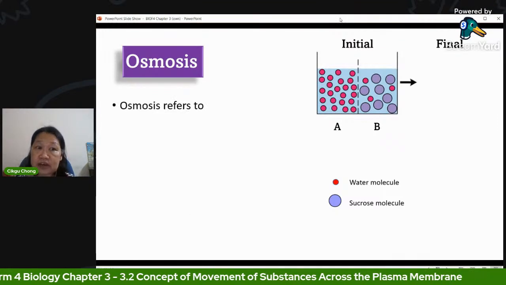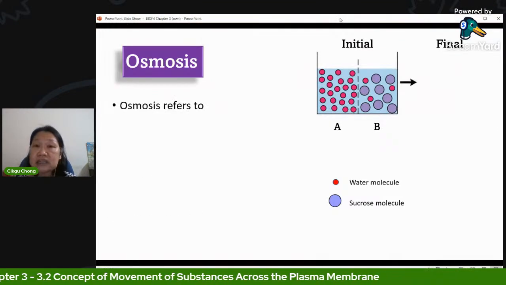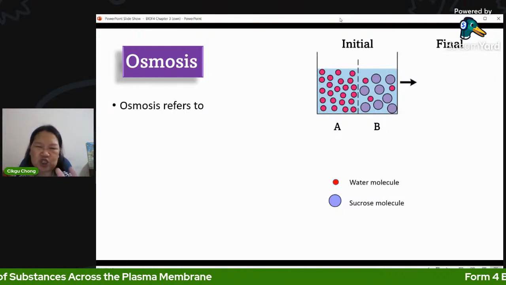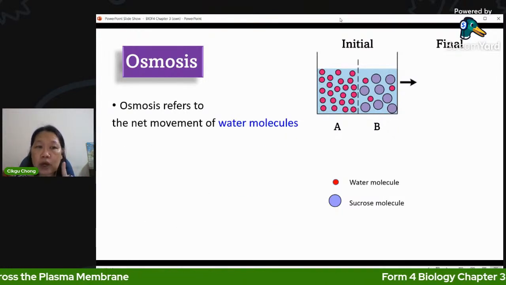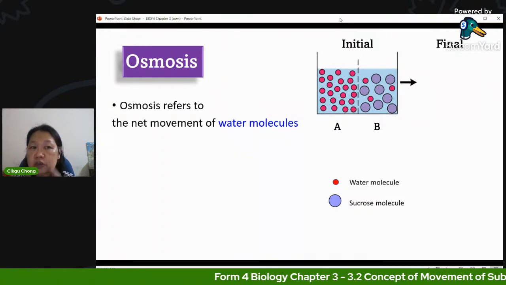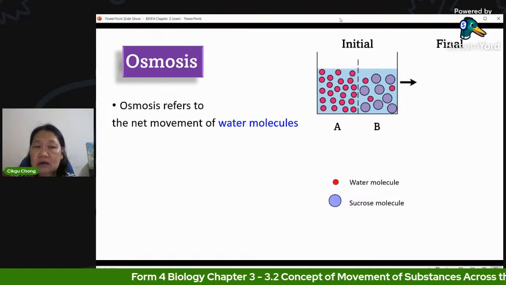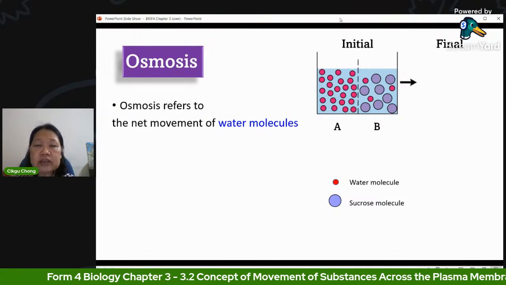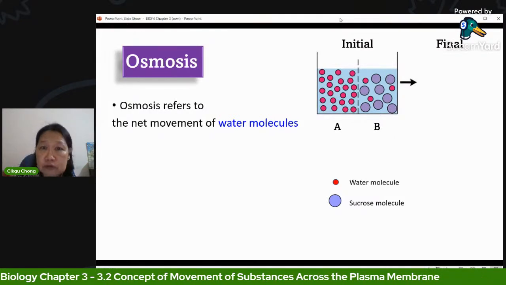Now, osmosis, the definition. The definition has 3 clauses, 3 short sentences. Number 1, it is the net movement of water molecules. So the first thing is what is moving. Osmosis only refers to water molecules diffusing.